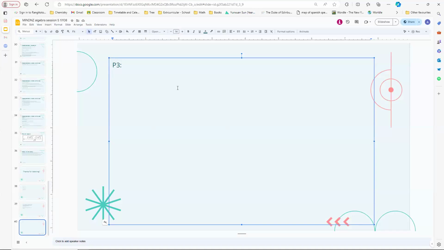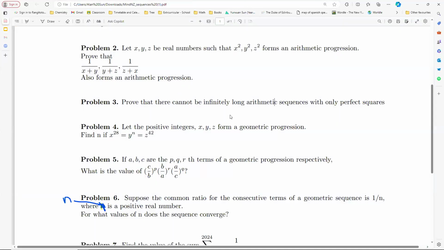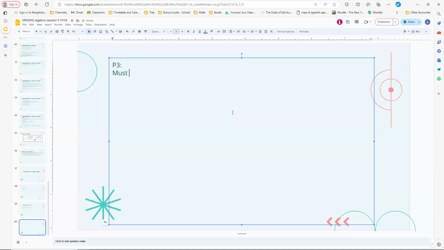So if we have different perfect squares each time, then the sequence must be strictly increasing, i.e., a1 is smaller than a2, smaller than dot dot dot, smaller than an, for some arbitrarily large n.